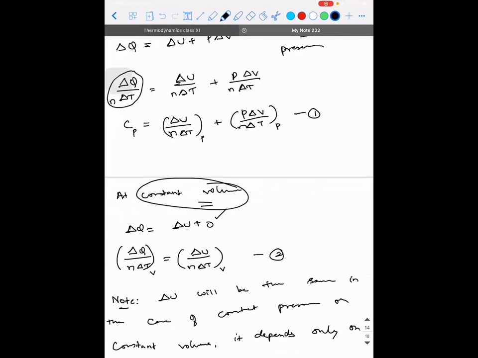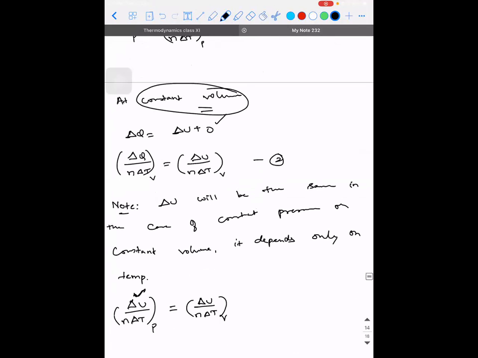See, if suppose you get a 1 mark question like this from the note that I gave you: delta U is equal to 0 under what conditions? Under constant temperature, because the internal energy of the system will change only when the temperature is changing. So delta U is independent of pressure and volume.